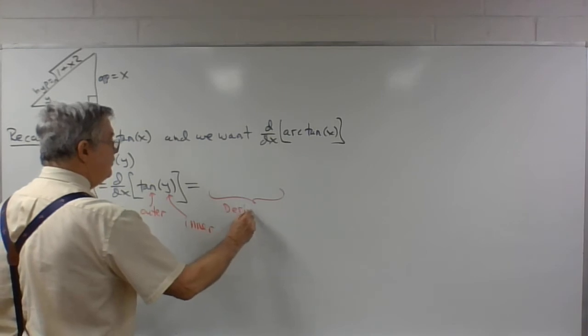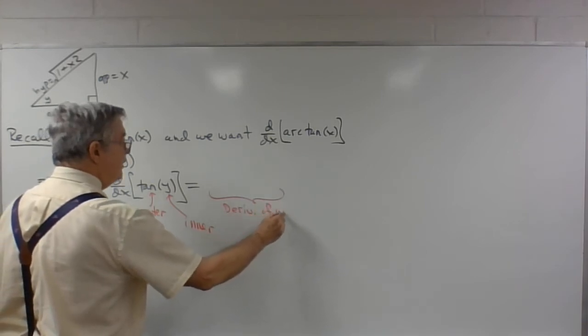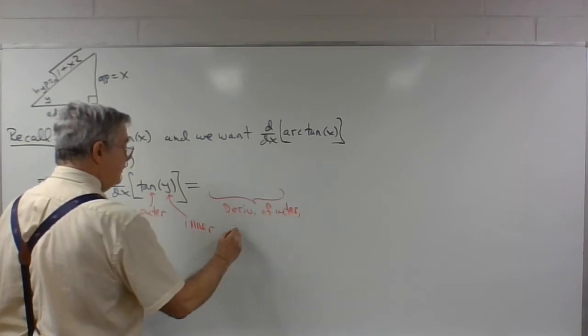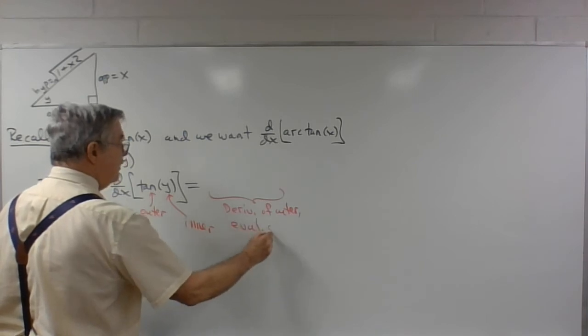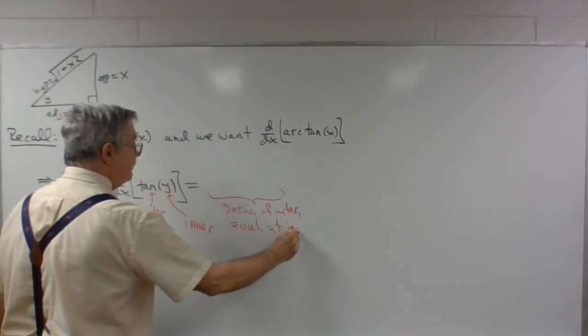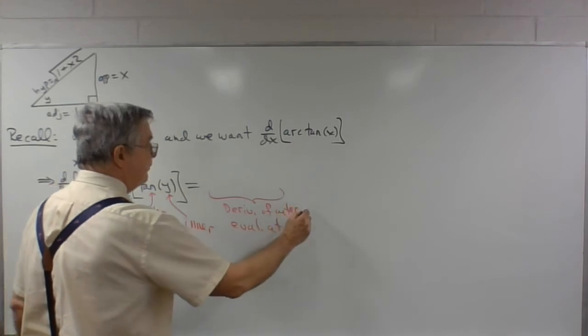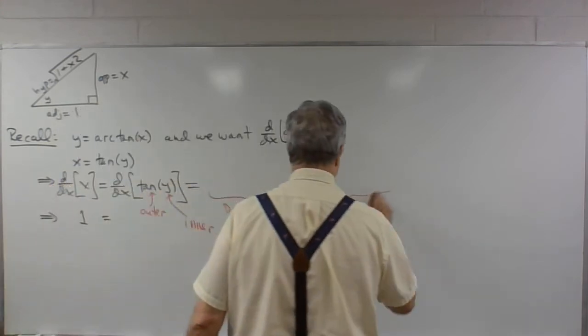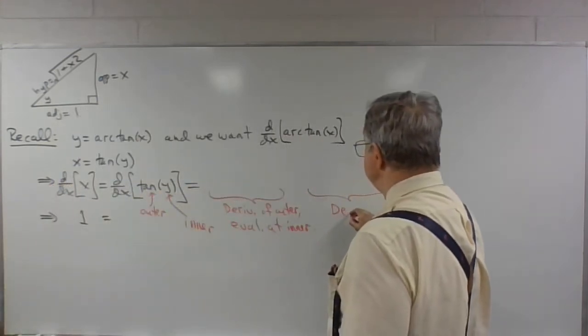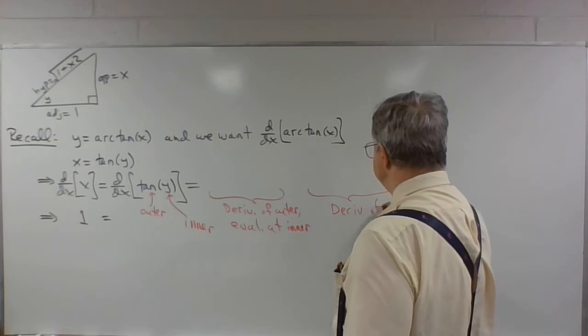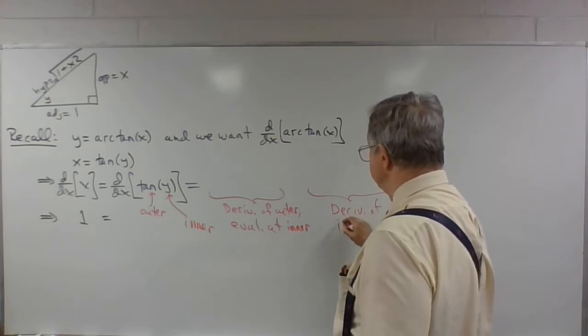and the chain rule says that we get the derivative of the outer evaluated at the inner times the derivative of the inner.